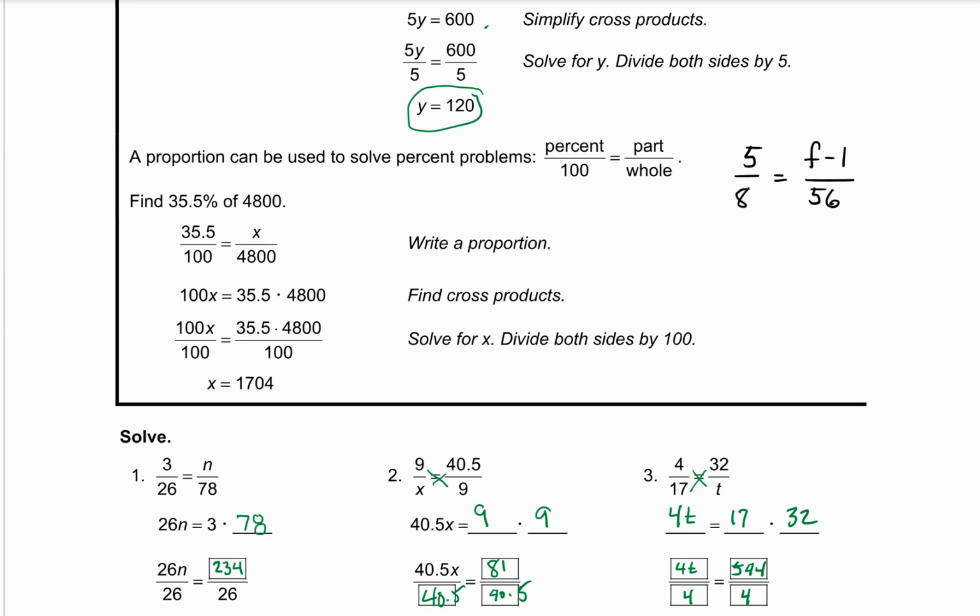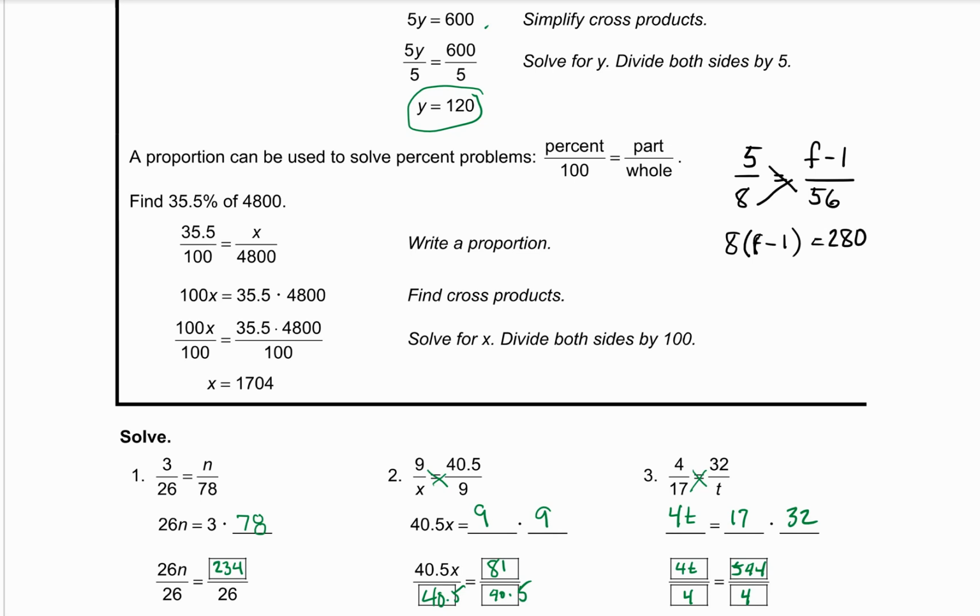How do I do this? Well, I'm still going to do cross products. It's going to be 8 times f minus 1, 5 times 56. So 8 times f minus 1, 5 times 56, that's 280.